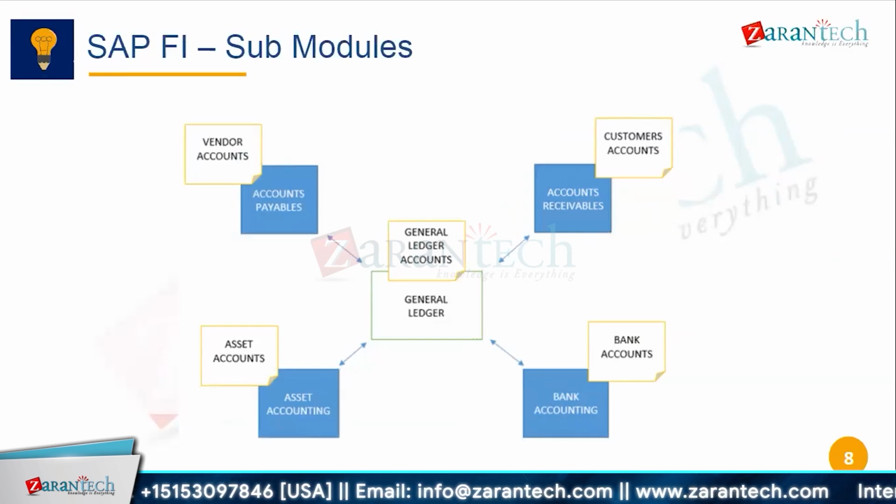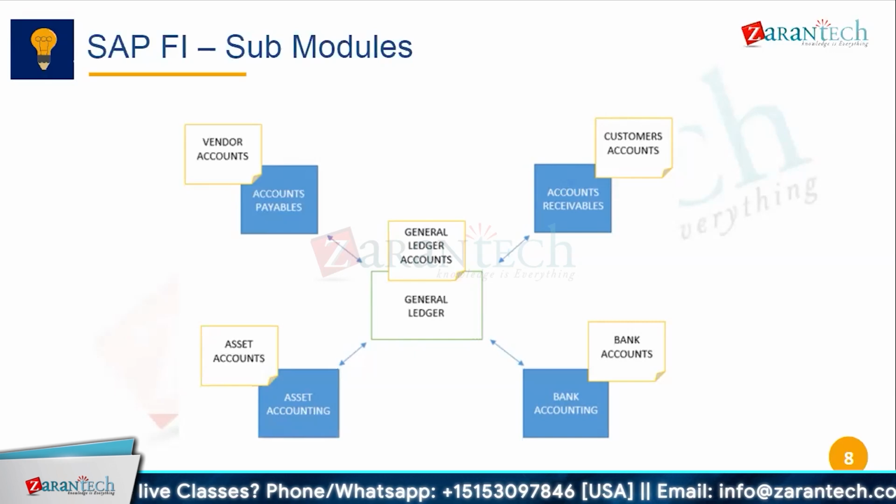So the FI submodules are broken up in the same way. You have vendor accounts, which are reflected in accounts payable, customer accounts, which are in accounts receivable. You have asset accounting, and you have bank accounting. These are the sub-ledgers, and these sub-ledgers all flow into the general ledger. So these are the main sub-modules of FI.